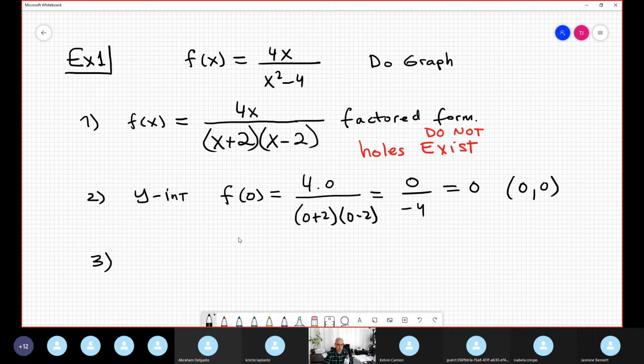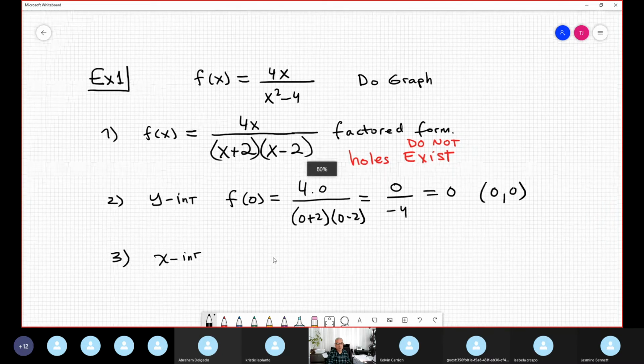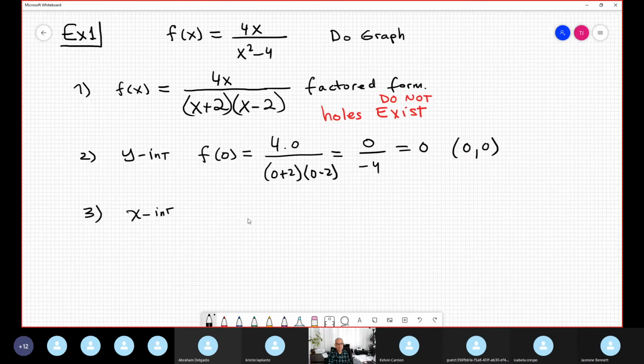Okay. Number 3, what is the step number 3? Find the X-intercept. Excellent. And what is the formula for finding that? P of X equals 0. Exactly. P of X is equal to 0. And what is P of X? It's 4X.